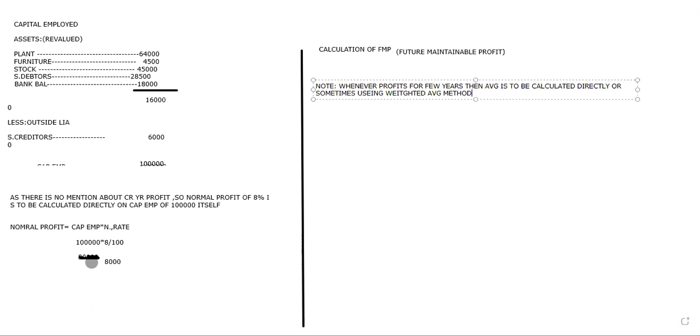But in what situation will we use the average, and in what situation will we use the weighted?